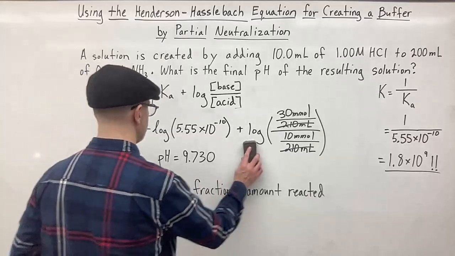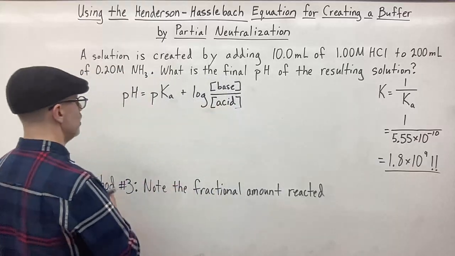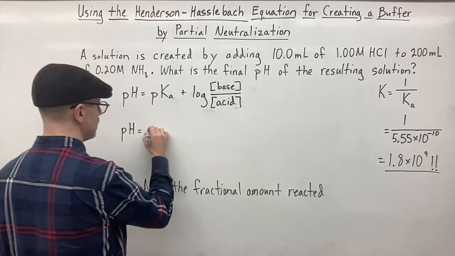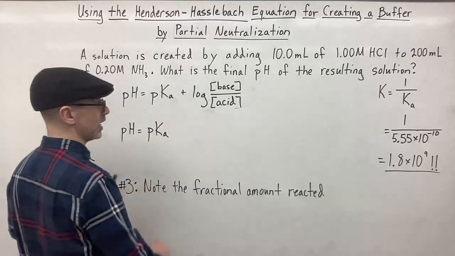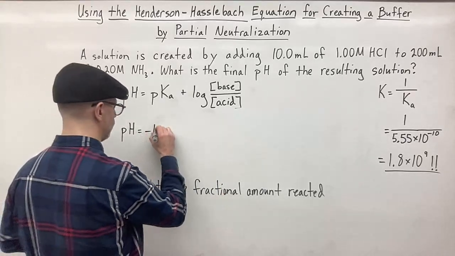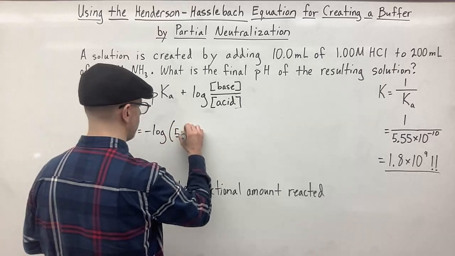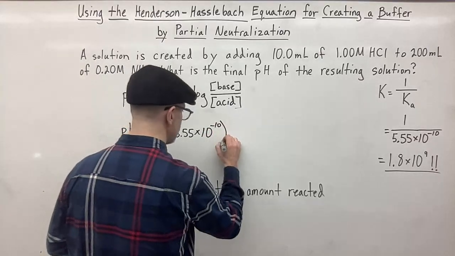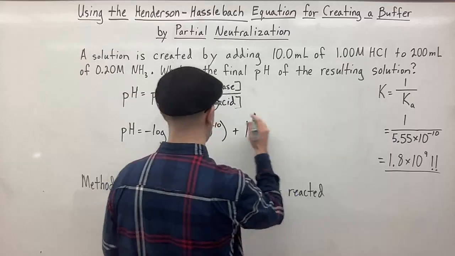So if I do that, then we'd have the pH is equal to the pKa, which again is the negative log of the Ka value, so negative log of 5.55 times 10 to the negative 10, and then plus the log of the acid over the base.